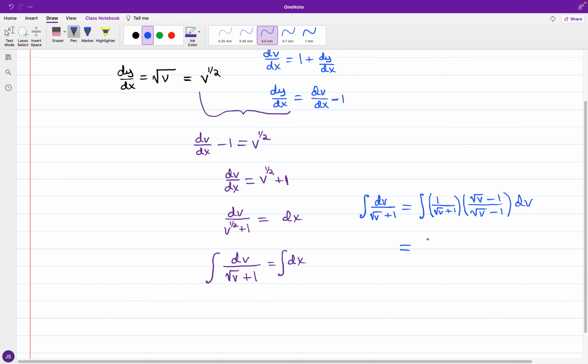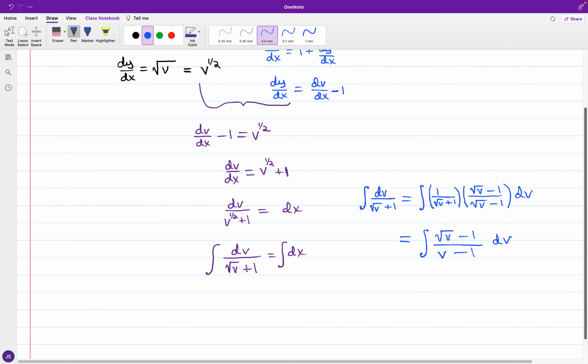So this will come down to the integral, where I have the square root of v minus 1, and we have all over square root of v times itself, that will be v, and we have minus square root of v plus square root of v, that will cancel out, and we have minus 1, and we have dv.